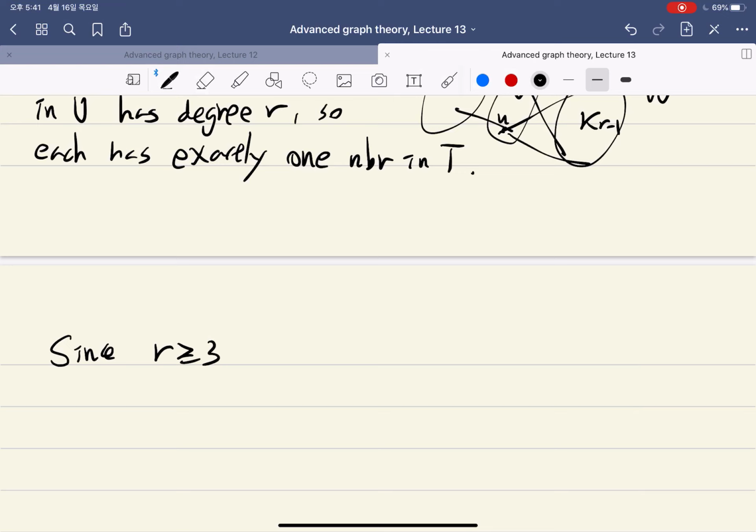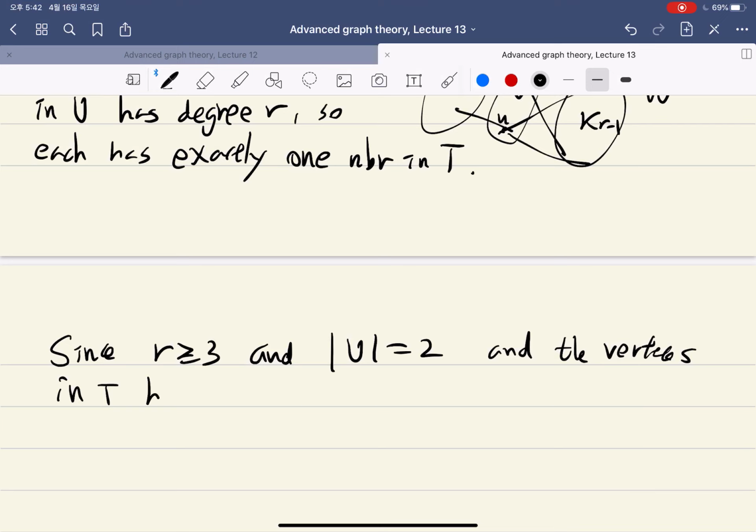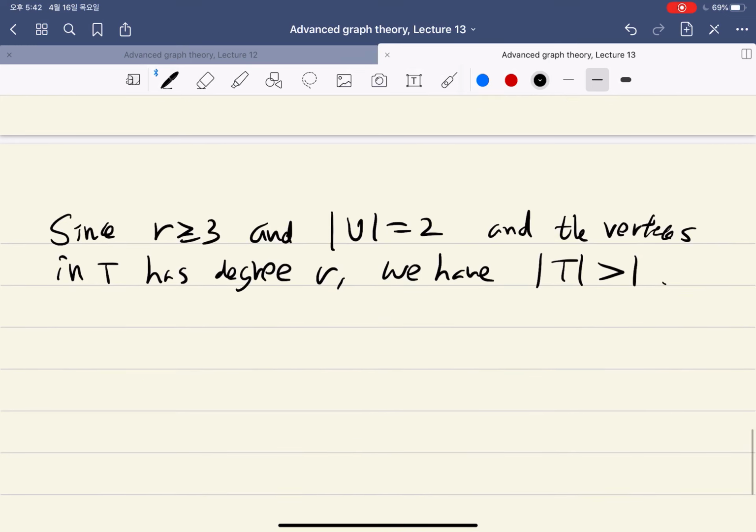Since R is at least 3, that's one of the assumptions. And U has 2 vertices, and the vertices in T have degree R. We have that T has more than 1 vertex.